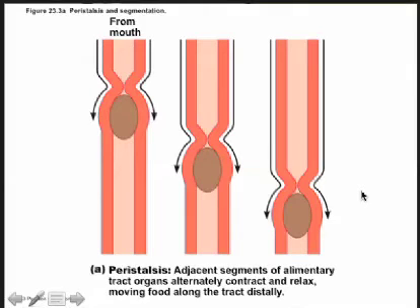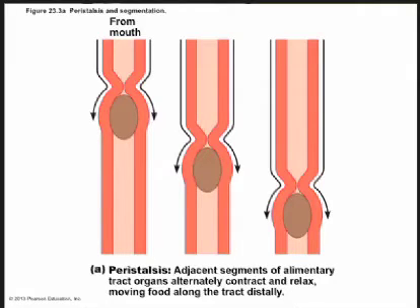And here you can see a look at how peristalsis is designed to work. Adjacent segments of the alimentary canal contract and relax. Remember that the middle jacket of the small intestine is dominated by 2 layers of smooth muscle, a circular and a longitudinal layer.